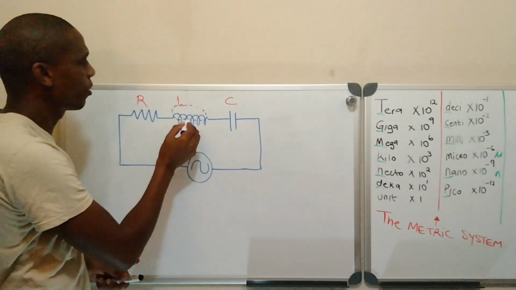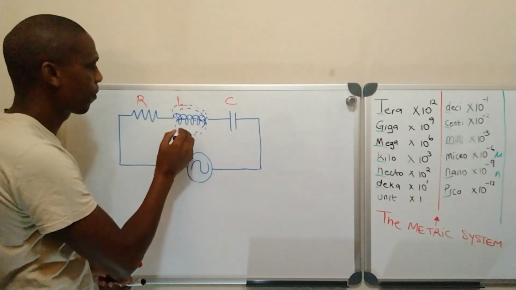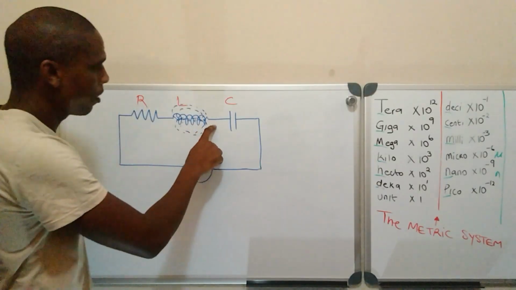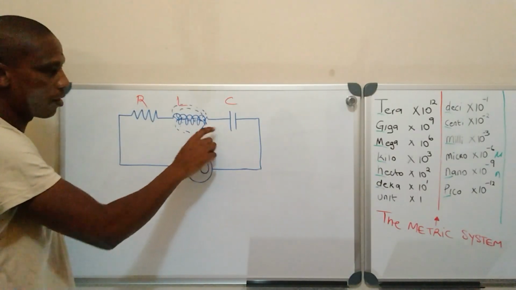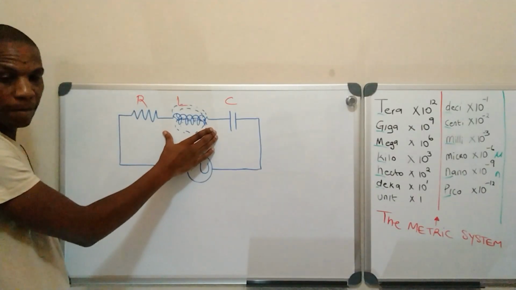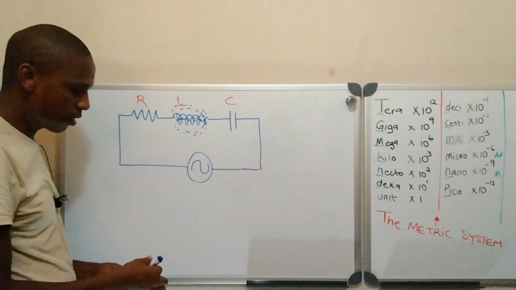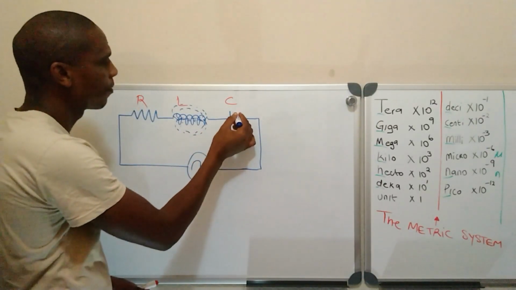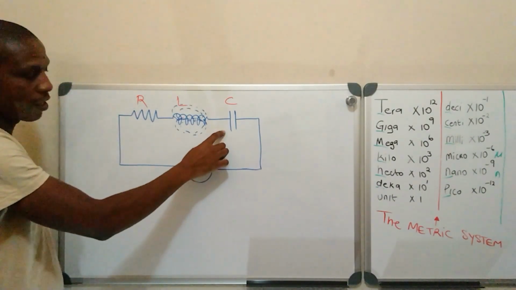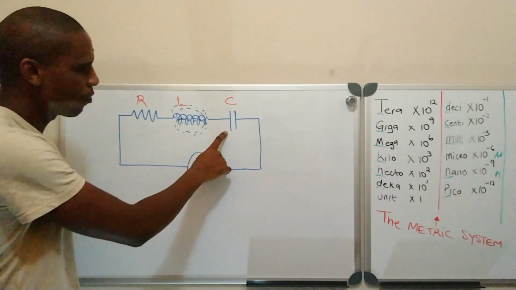Still, a certain amount of current is going to pass, because it doesn't block the current, it just delays it. Then as soon as the current gets to the capacitor, what's going to happen? The capacitor plate will start charging, so it will delay voltage by a certain amount of time.